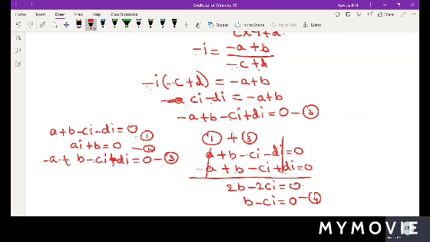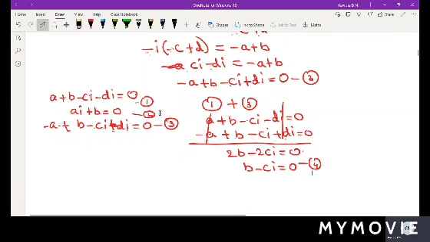Okay. Write down. Okay, next we have to apply cross multiplication.